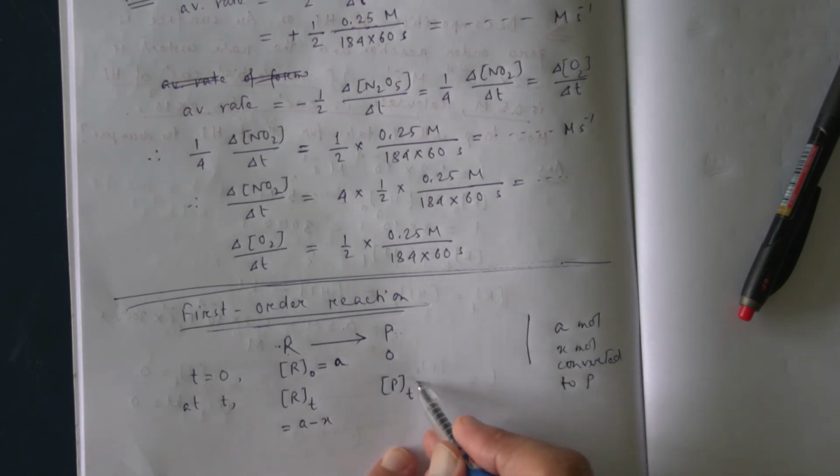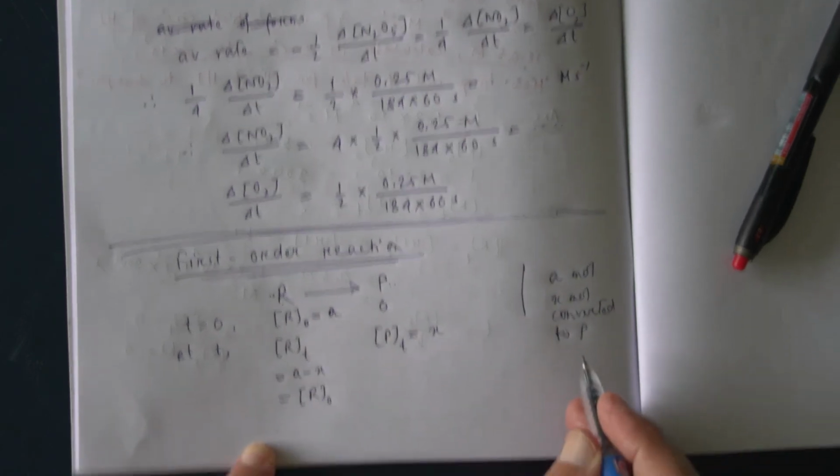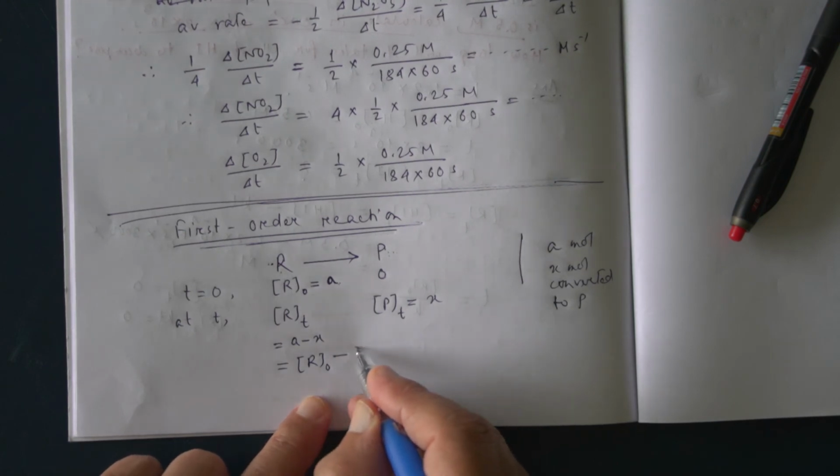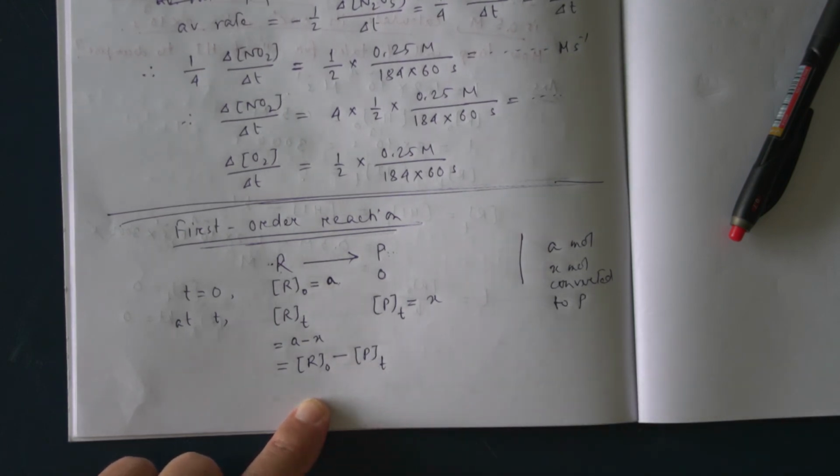So this will be x. Okay, so we may call A as R naught, and x we may call it P_t. So we may write like this.